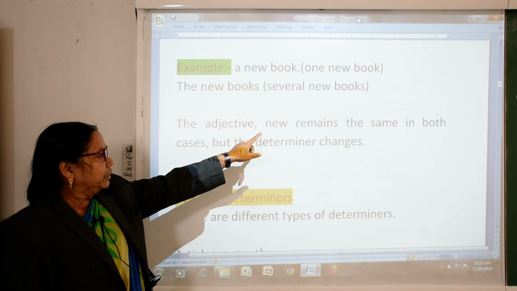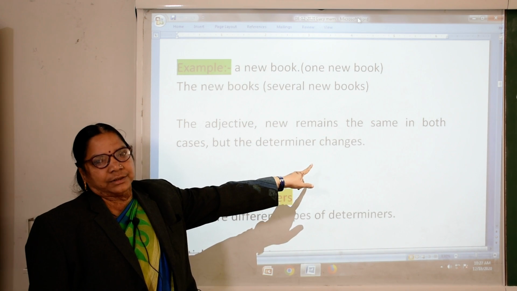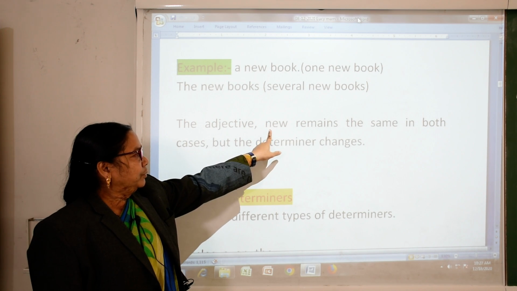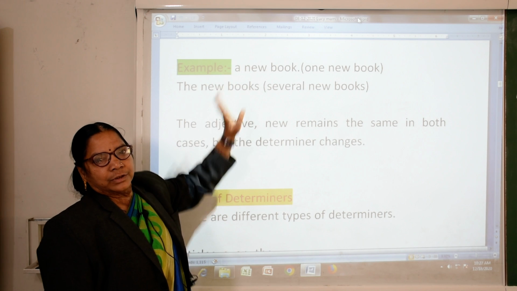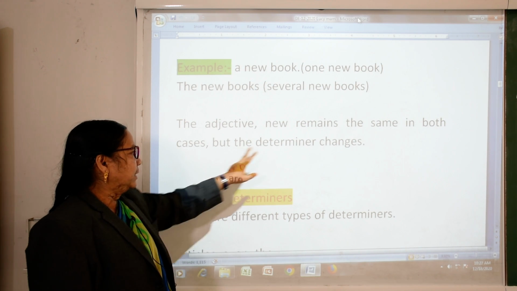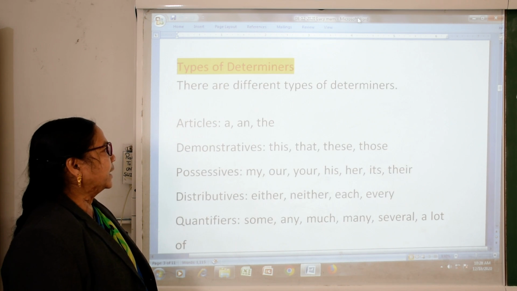The adjective new remains the same in both cases, but the determiner changes.